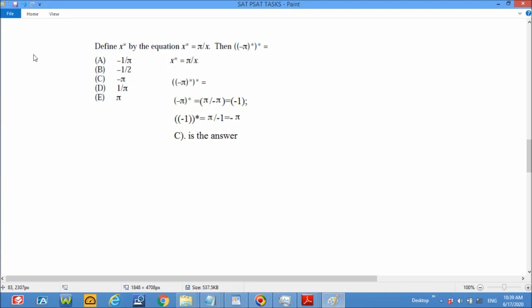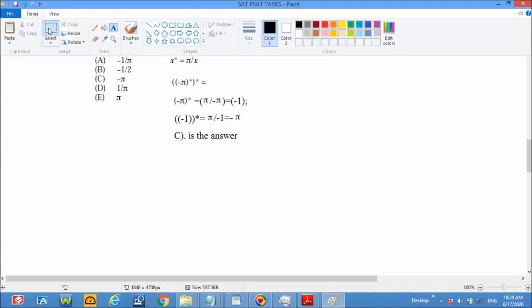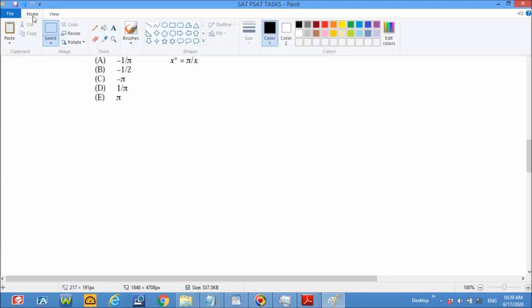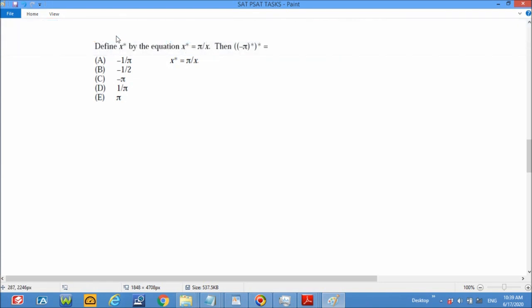And now I want to solve it with the second method. I take it out, clear some space, and in the second way we assume that we put here the function on the x.